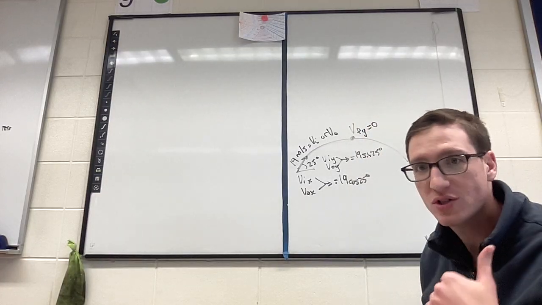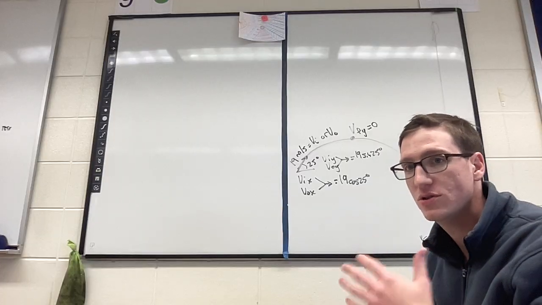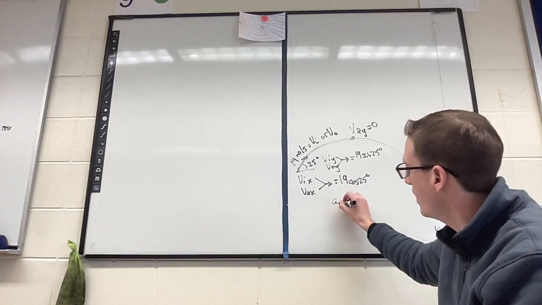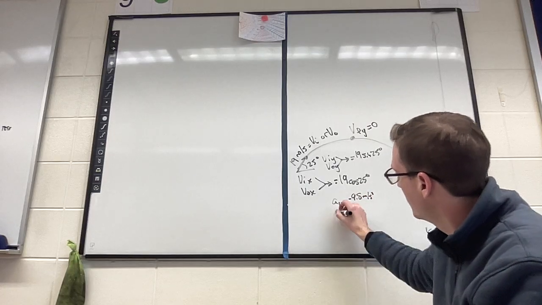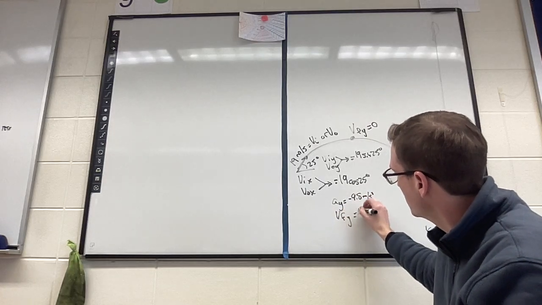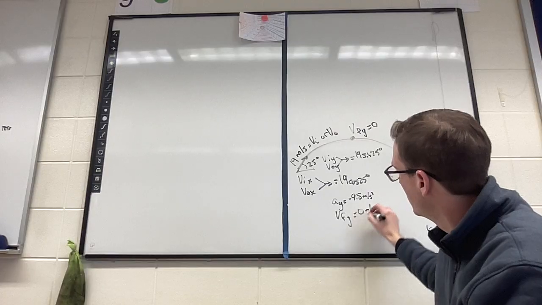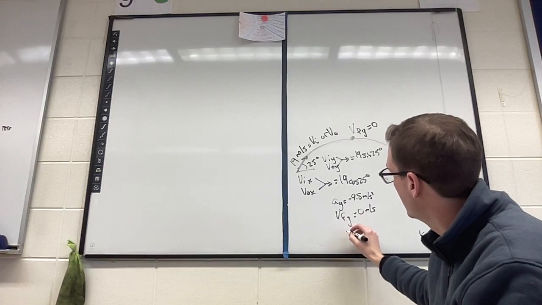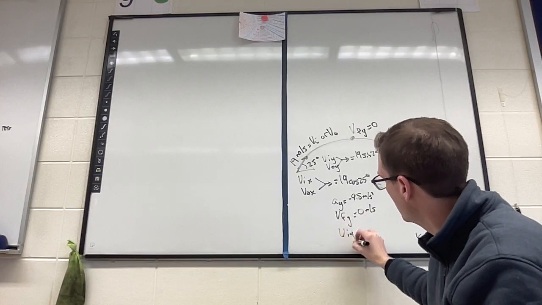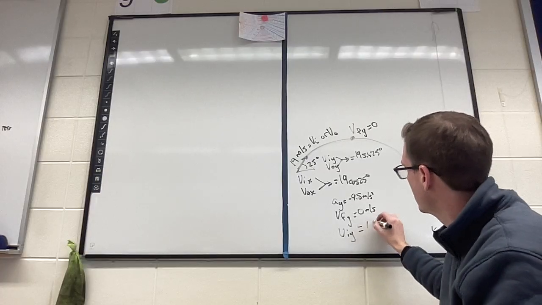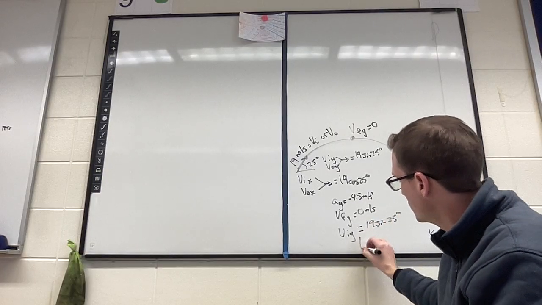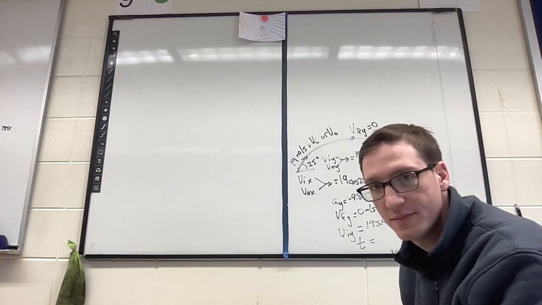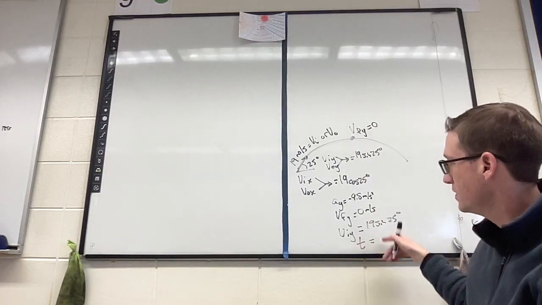So I'm going to make an equation that's all y information. So all my y information is that AY equals negative 9.8 meters per second squared. VFY equals 0. The initial y equals 19 sine 25 degrees. And if I'm solving for time, then I want an equation that has these 3 and time.